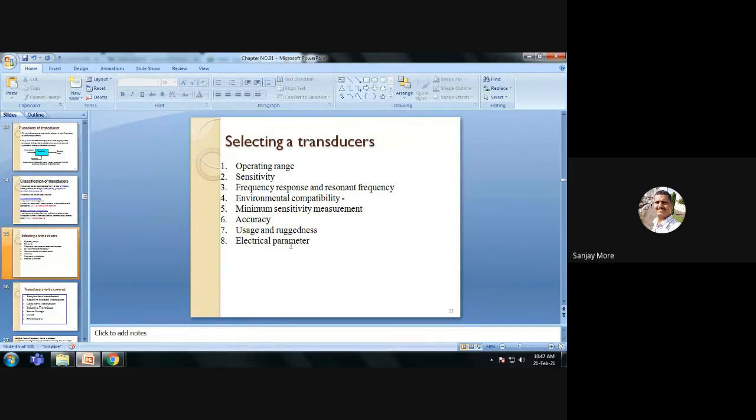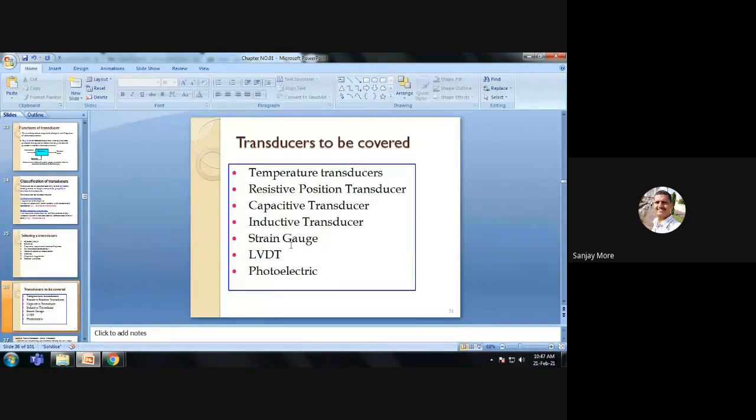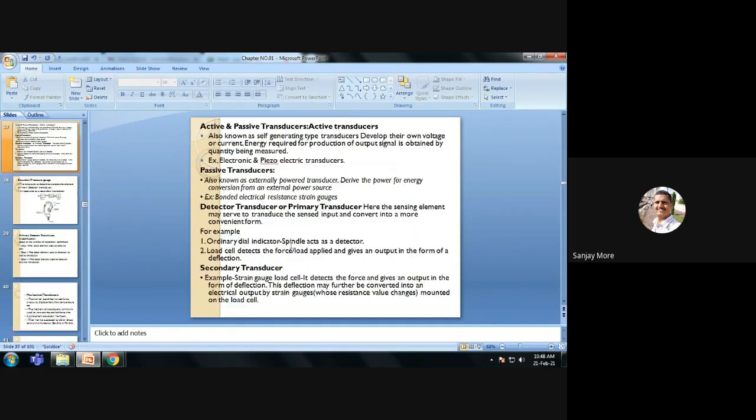Seventh one is usage and ruggedness. And last one is the electrical parameters. Then where transducers are used: temperature transducers, resistive position transducers, capacitive transducers, inductive transducers, strain gauges, LVDT, photoelectric.